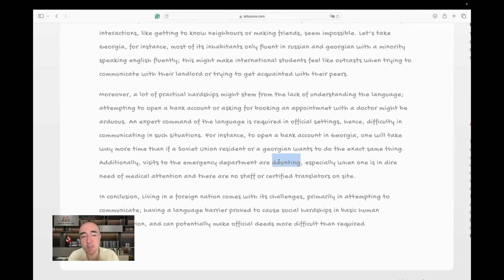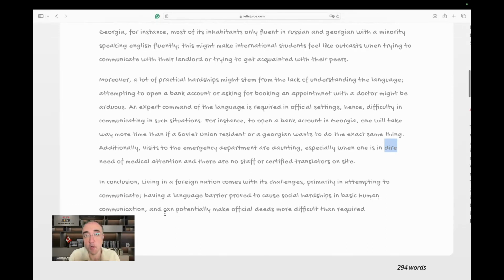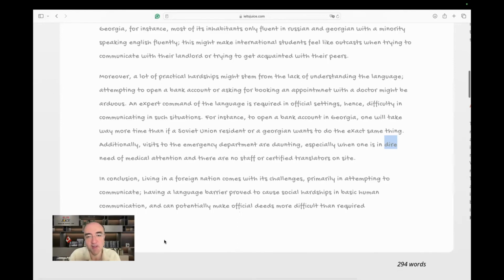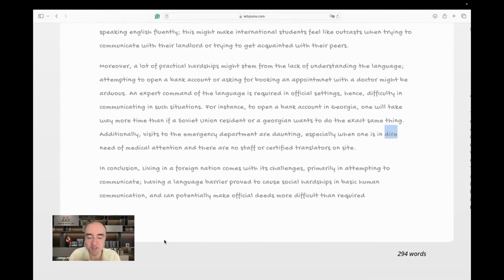Especially when one is in dire need of medical attention, and there are no staff or certified translators on site. I'm loving it. And I know I shouldn't say love in the progressive tense, but I wanted to because it was exceptionally good. But no, seriously, technically, correctly speaking, I love it.